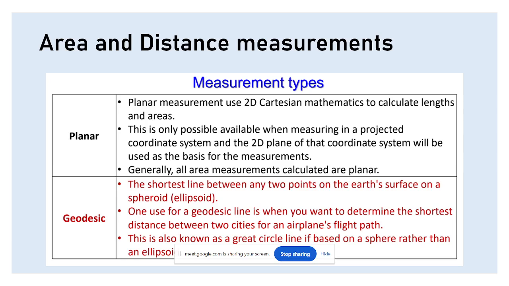So the attribute data is a type of non-spatial data, which includes all the details like area and length. All those details can be stored in the attribute table of a particular map, or something that you have put in the GIS software.